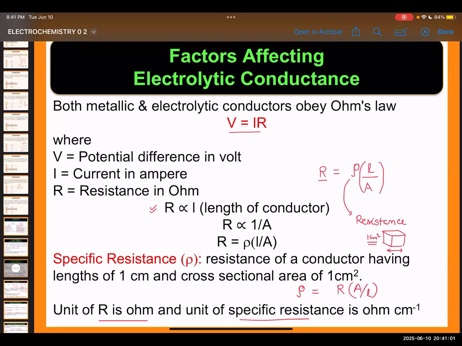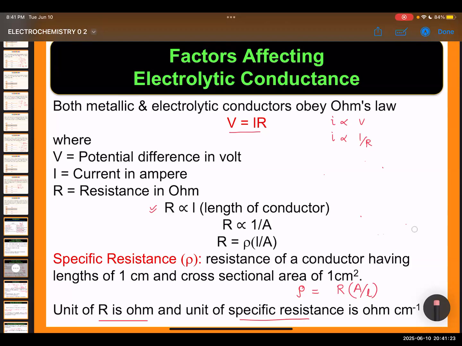The current which is flowing is basically proportional to the voltage, and inversely proportional to the resistance. So I equal to V by R, voltage applied upon resistance, that you know.